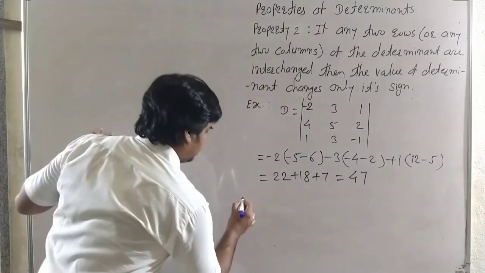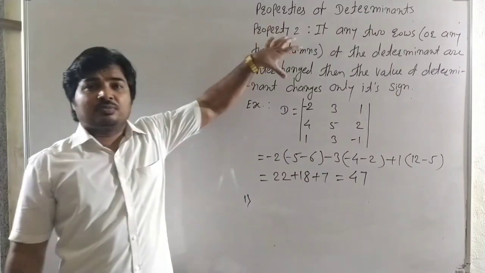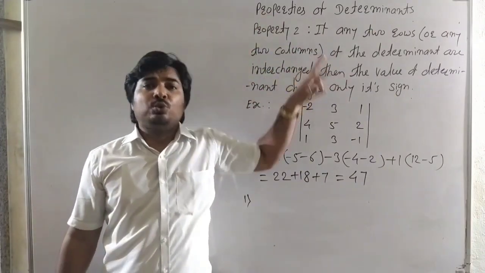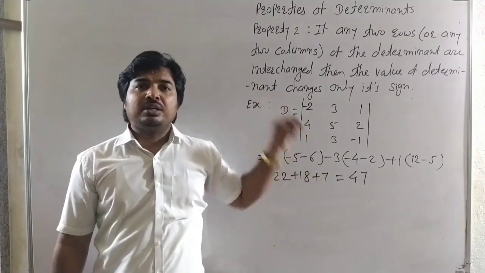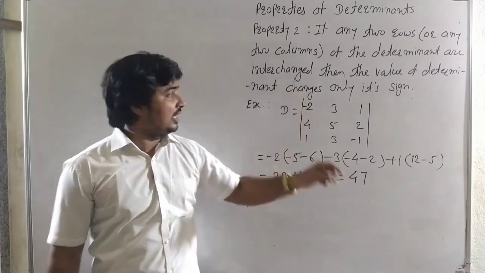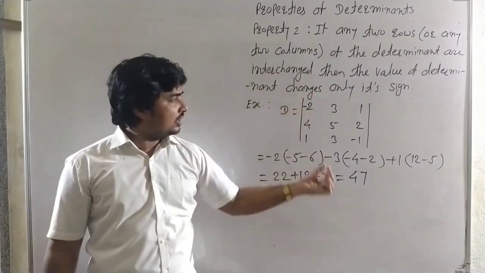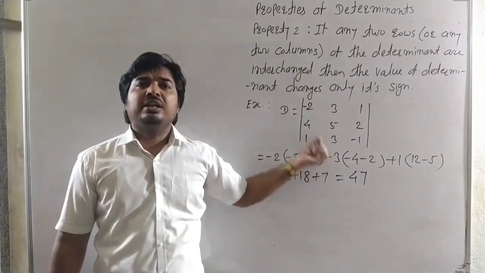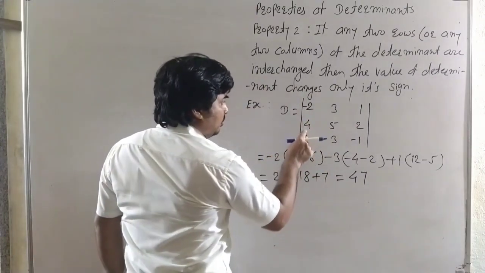Now the property says if we interchange any two rows or any two columns, then the value of the determinant changes only in its sign. Here there are 3 rows. First we interchange any 2 rows, and then in a second example we interchange any 2 columns. Here it is row 1, row 2 and row 3.